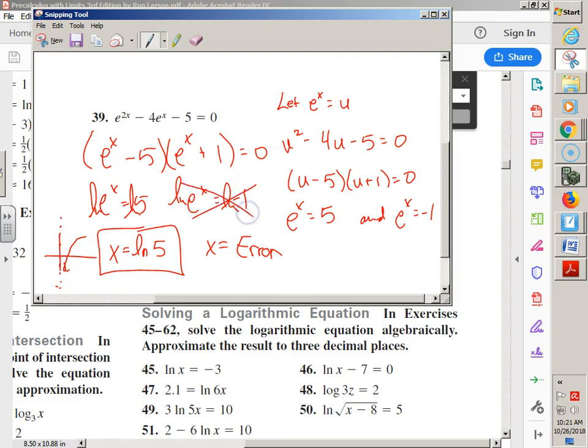That's illegal. Is that cool? So ln of negative 1, because it's a negative number inside the ln, that's outside the domain. ln's aren't allowed to go negative. So therefore that one, we could call it extraneous, or we could just say plug it into your calculator. It doesn't work. ln can't be of a negative number.